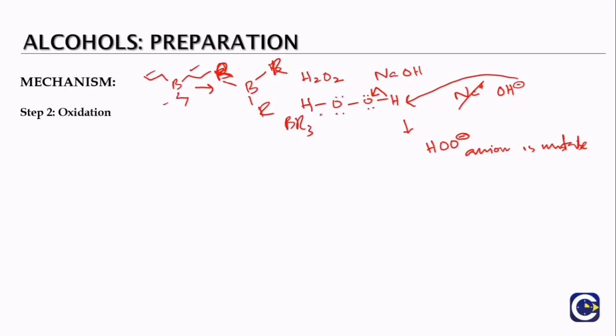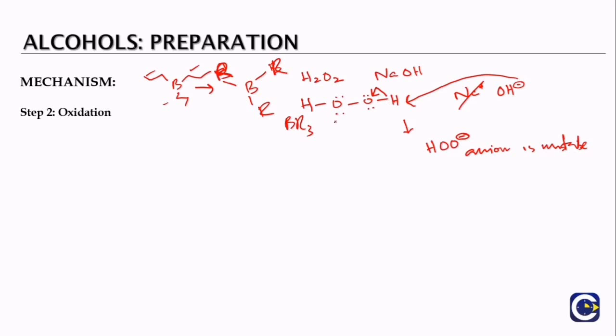As I told, the first thing here is the deprotonation of this peroxide. Since this oxidation is a multi-step reaction, in the first instance the hydroxide ion takes this hydrogen, that is, the deprotonation takes place.